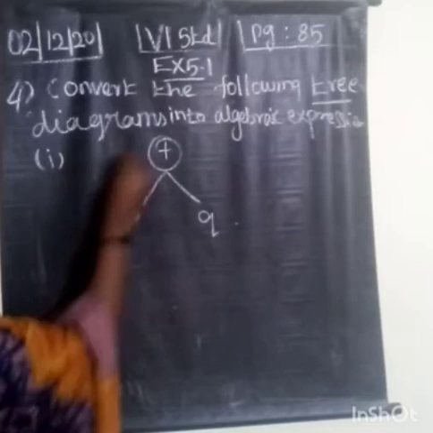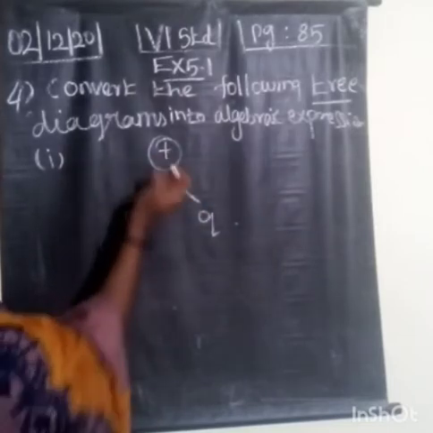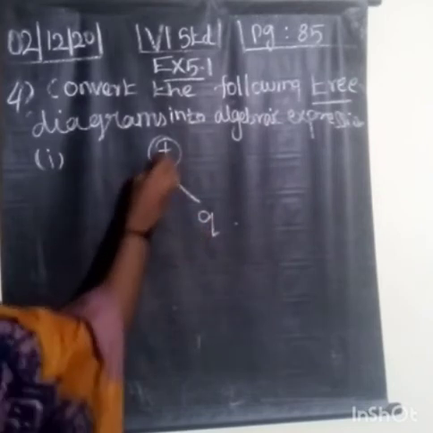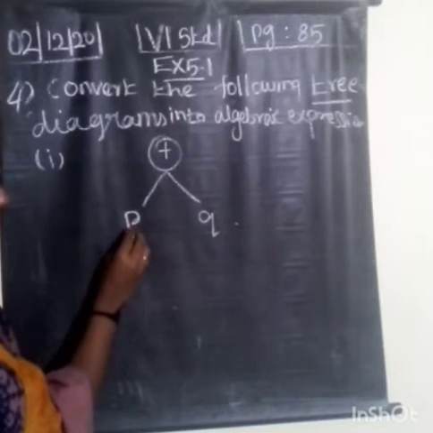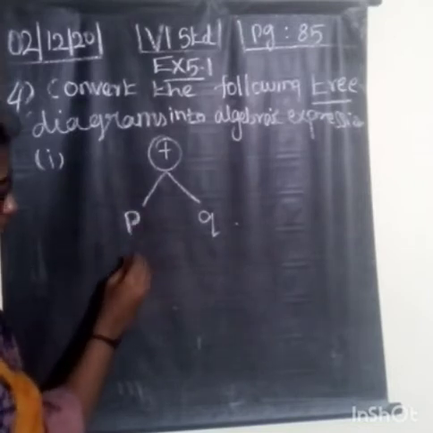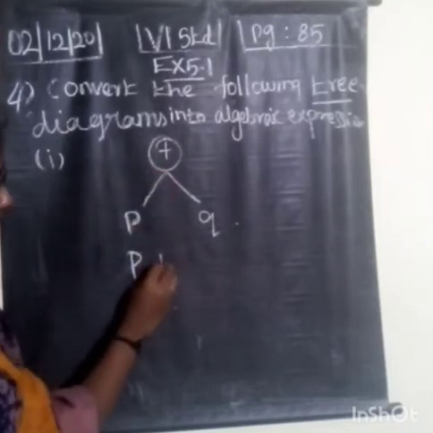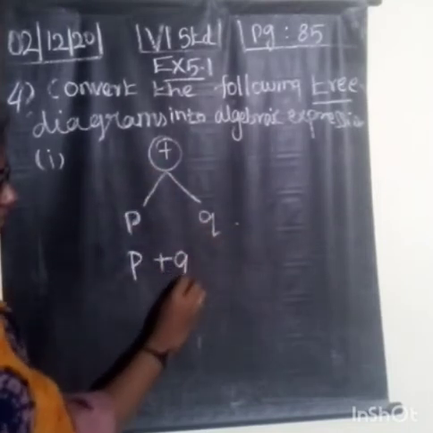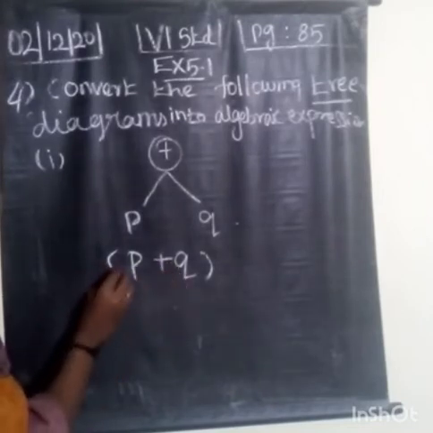First write p, the operation is plus, and then q. So the algebraic expression is p plus q.